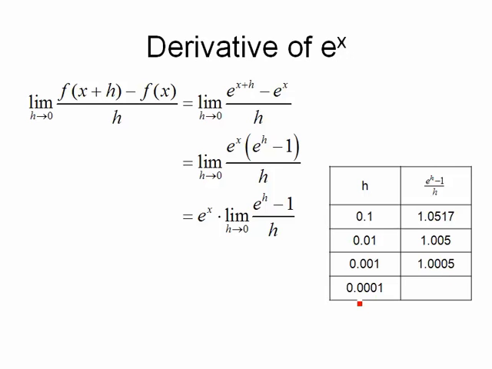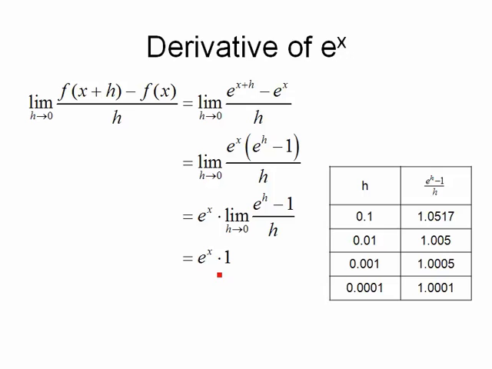And if I put in 0.0001, I get 1.0001. What you'll notice is as h gets closer to 0, this quotient gets closer and closer to 1. The value of my limit based on this table is equal to 1.